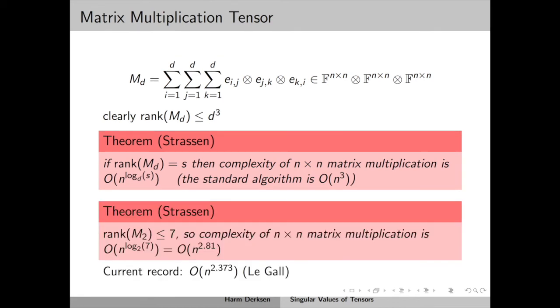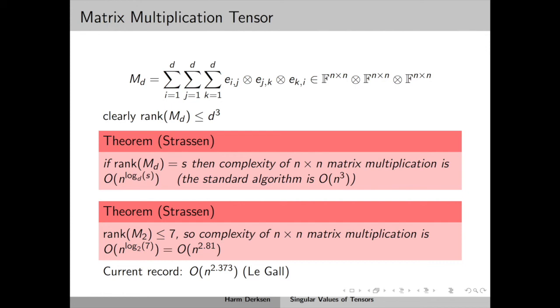But Strassen found that for d equal to 2, instead of rank 8, this tensor has rank at most 7. We know actually it's exactly 7. That shows that the complexity of matrix multiplication is O(n^2.81) rather than n cubed. This is the fast matrix multiplication that, if you work with very large matrices, gives you a faster algorithm than the usual matrix multiplication.